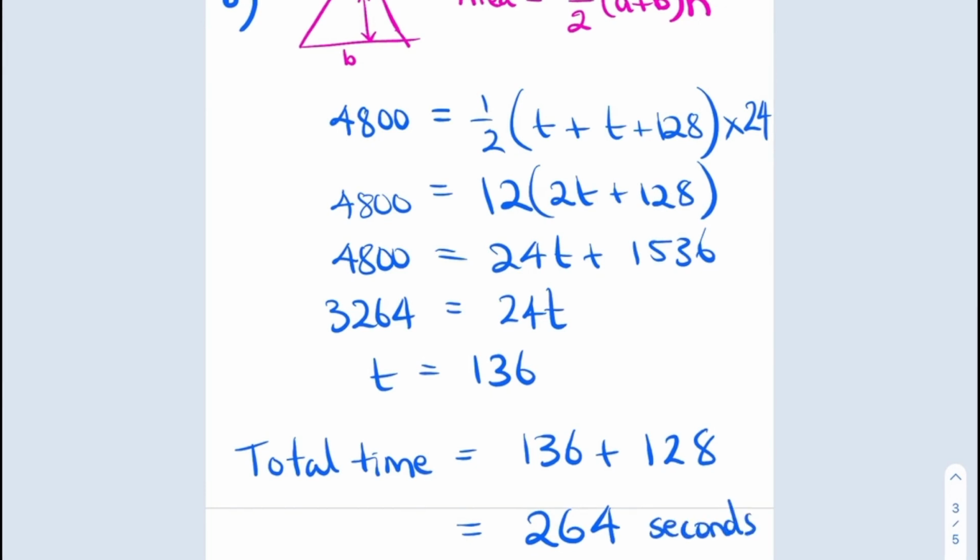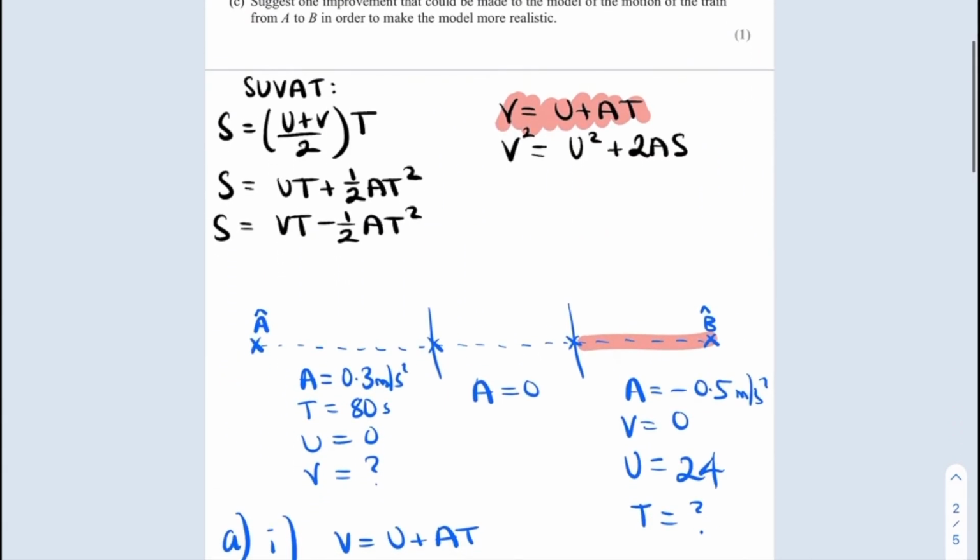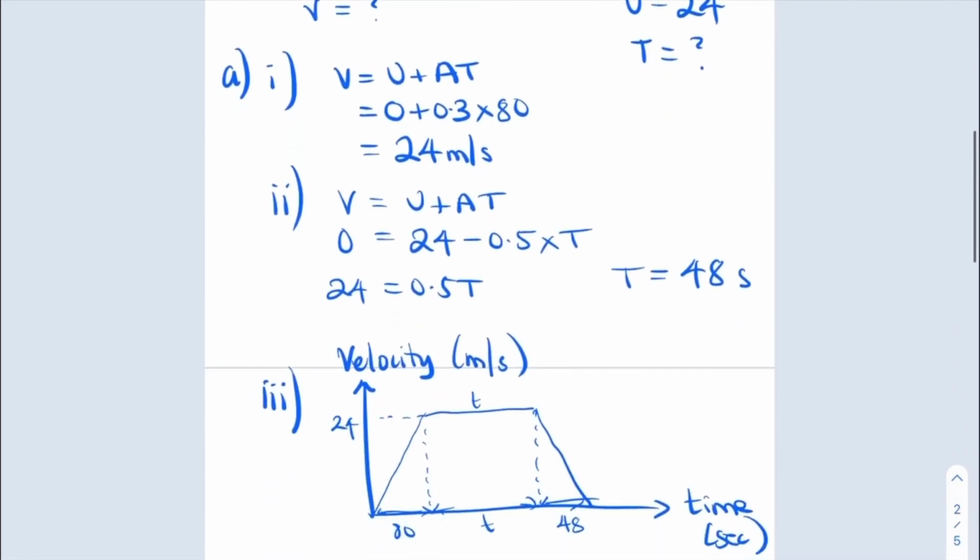For the final mark for this question, we are asked to suggest one improvement that could be made to the model of the motion of the train from A to B in order to make the model more realistic. We very basically gave a model for this train's motion with constant acceleration, then constant speed, and then constant deceleration. However, that's quite unrealistic.